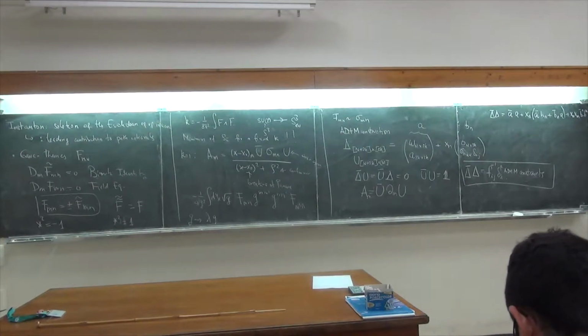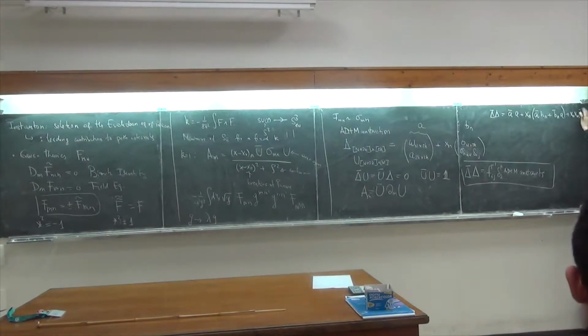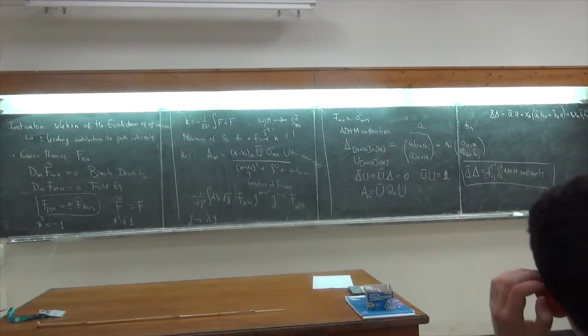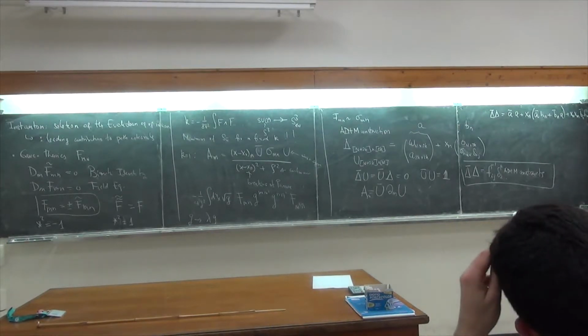Again, always remember, index up and down make no difference. Now, what is B bar_n?